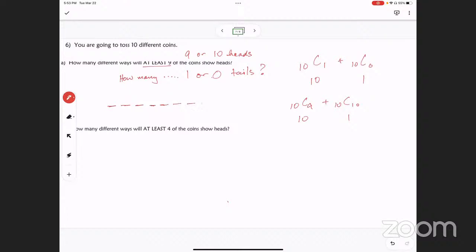There's 1, 2, 3, 4, 5, 6, 7, 8, 9, 10. So it could be tails, head, or head, tails, or head, tails, head. You get what I'm saying? It could be any one. So there's 10 ways. There's 10 locations.